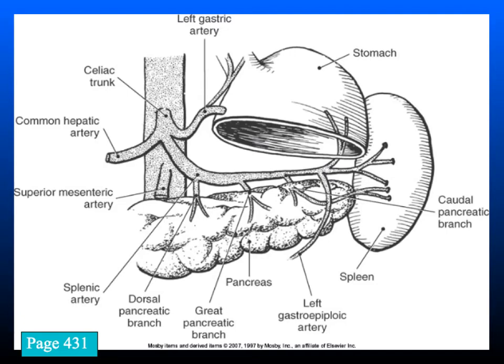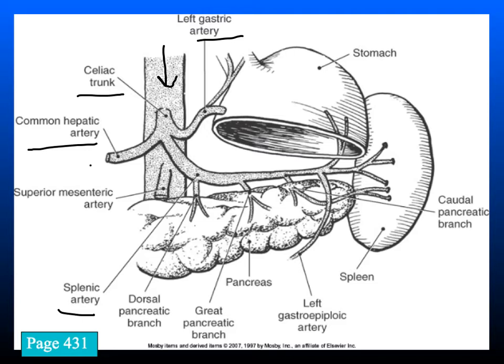Speaking of the arteries and vessels, you're looking at the abdominal aorta coming down, and it branches off. We've always said the aorta comes down and starts branching off to different structures to feed them. One of the main first branches of the aorta is the celiac trunk. The celiac trunk divides into 3 branches: the left gastric artery, the splenic artery, and the common hepatic artery, which is this one.